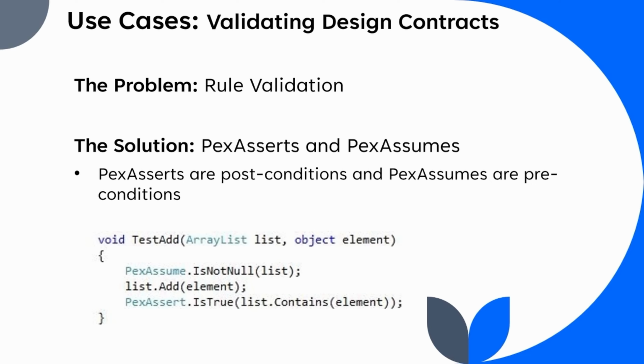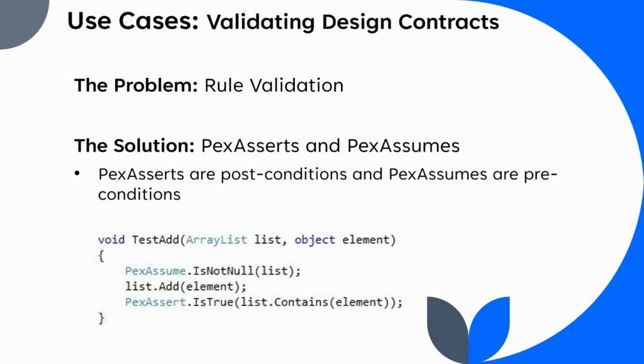For our PEX asserts, it's going to then go, okay, assuming we don't have a null list, how can we make it so that by the end of this method, the list does not contain that specific element? And that is what PEX assumes and PEX asserts are going to do.